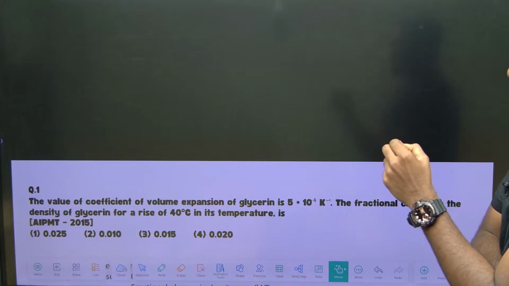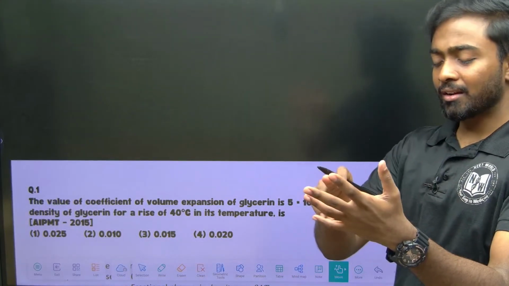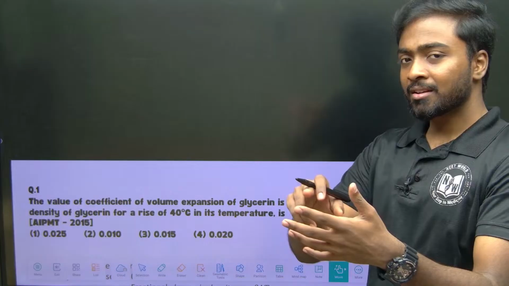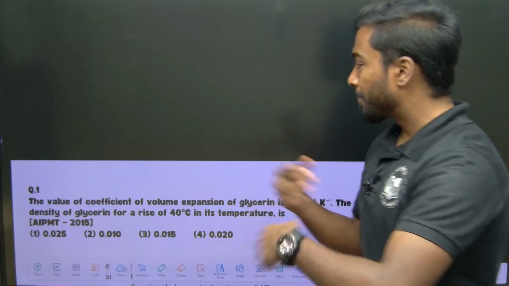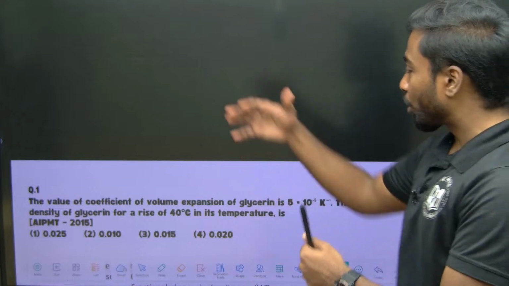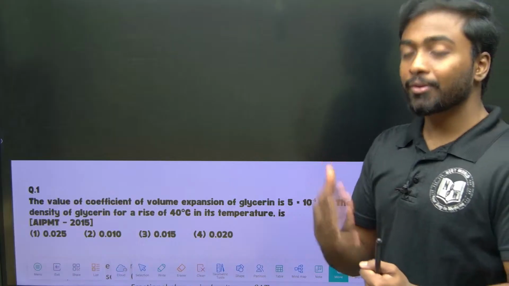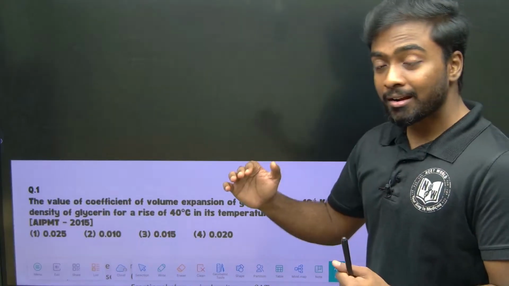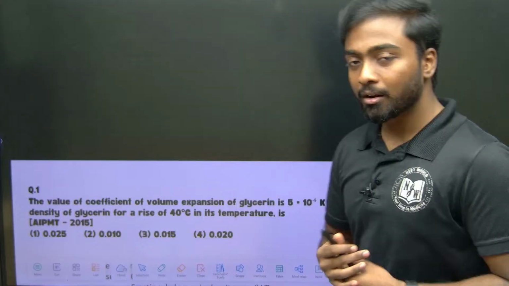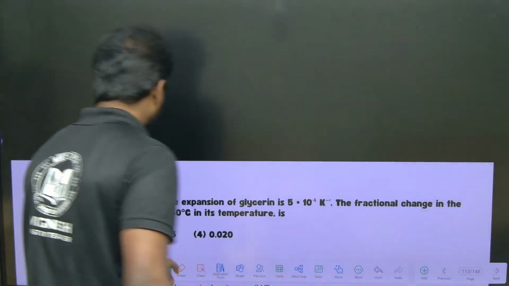I am taking JEE Mains, NEET and EAPCET questions and some other questions, mixed together so that it will be easy to analyze. If I took only EAPCET questions, you wouldn't feel the difficulty, so I have added difficult and moderate questions also. This is the first question of this class, and you have a solid 1 minute.